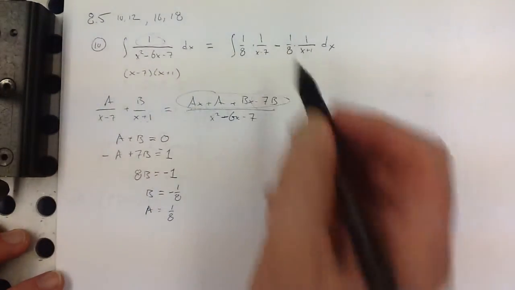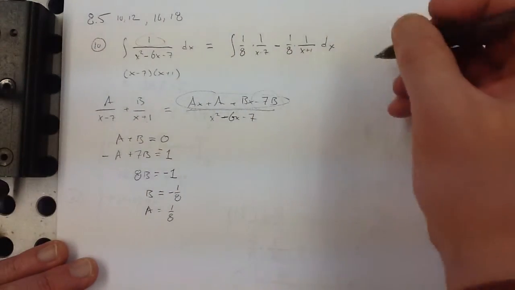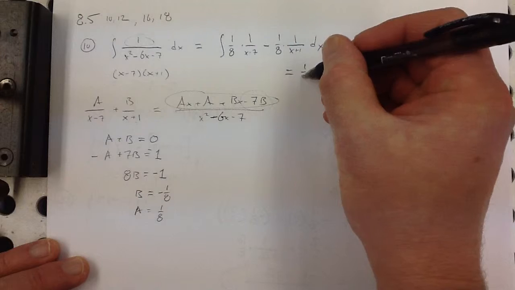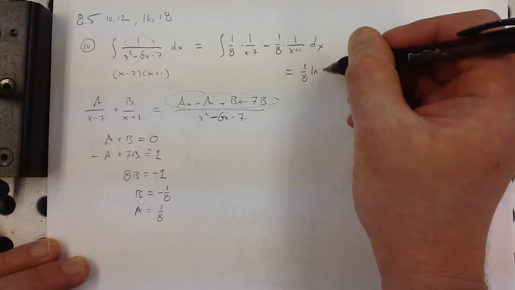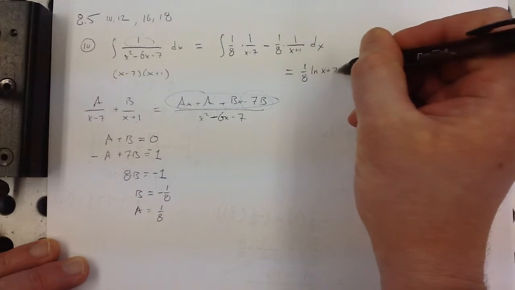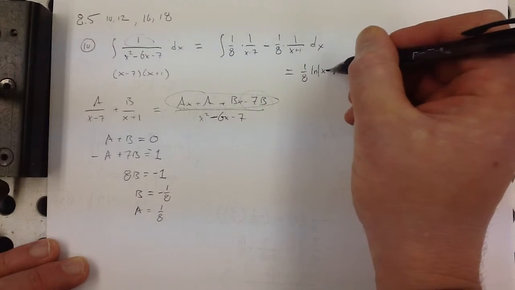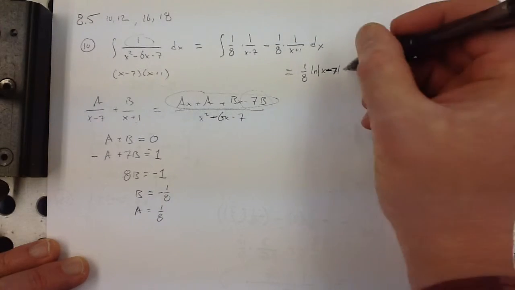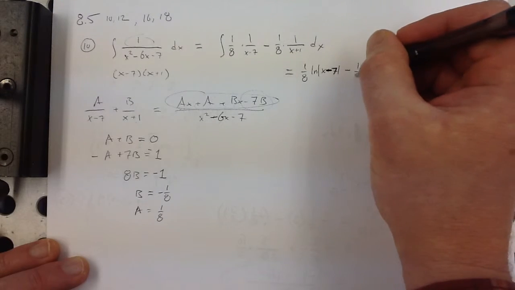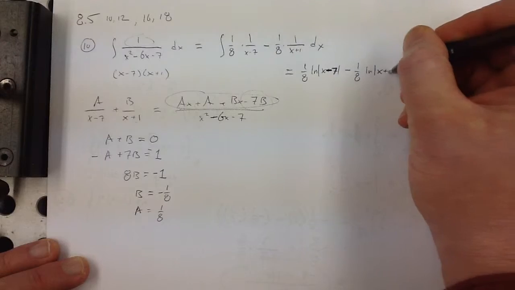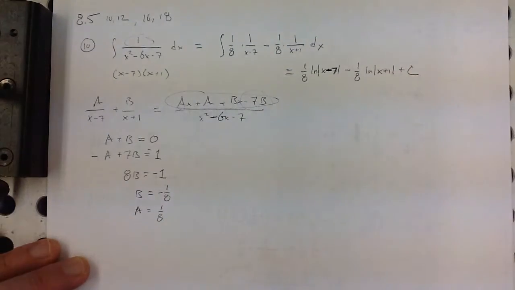And those are just straight up linear factors, so that means we've got an antiderivative 1/8 natural log absolute value x minus 7. Oops, minus 7. Sorry, that's a minus sign there. Minus 1/8 natural log absolute value x plus 1 plus c.